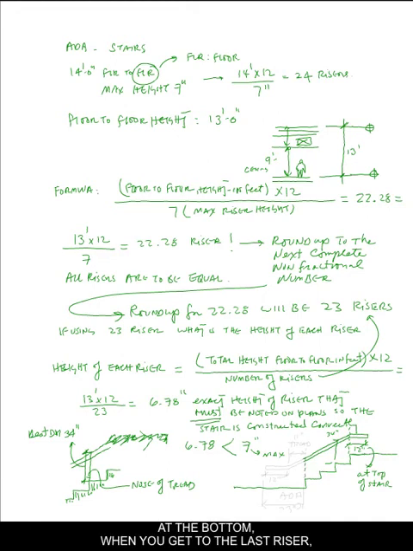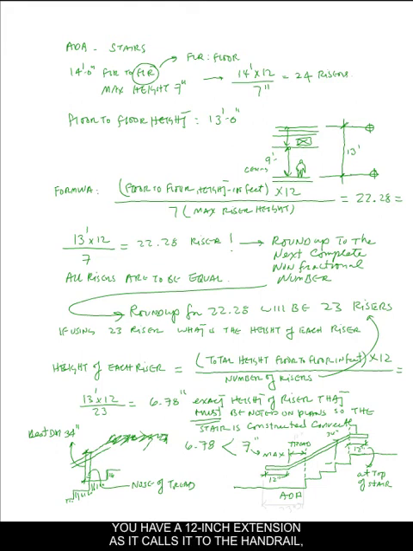At the bottom, when you get to the last riser, this handrail has to continue for the dimension of your tread, and once it gets to the tread, it has to extend out for 12 inches. This is an ADA rule that applies to all stairs. So all of your publicly used stairs have to follow this rule.